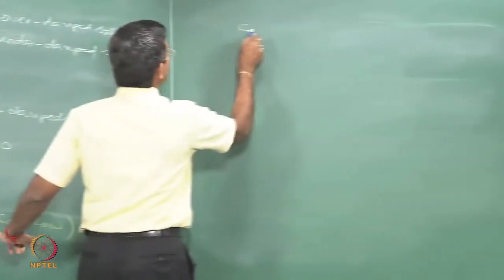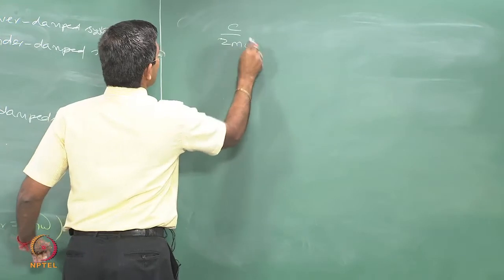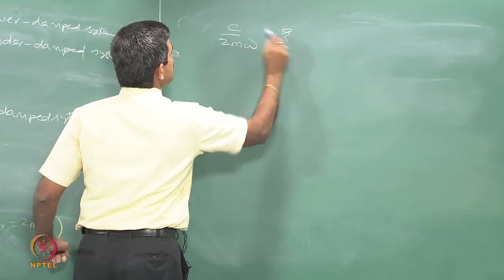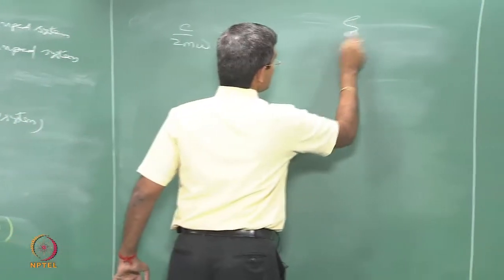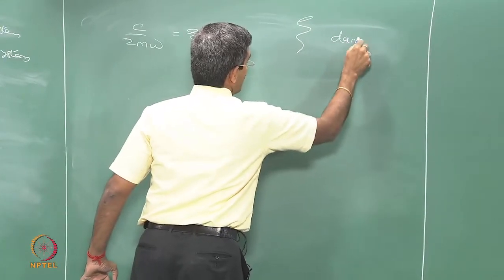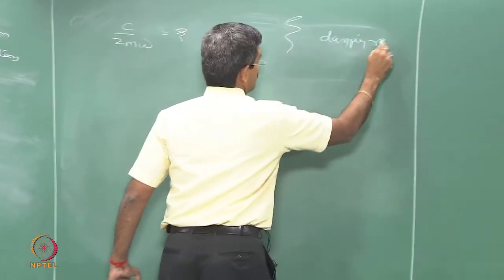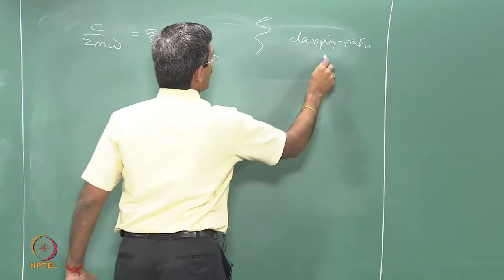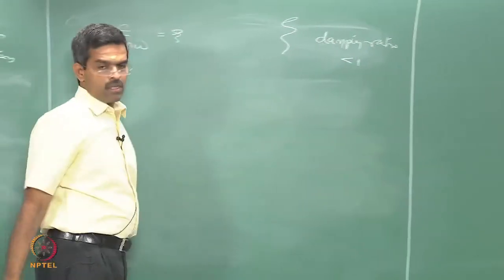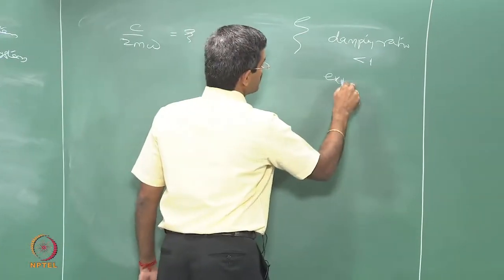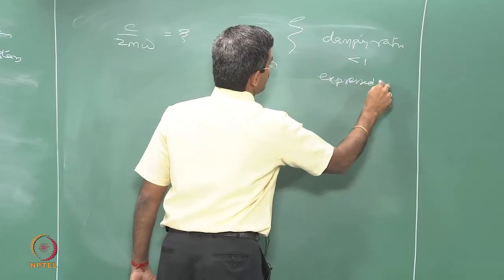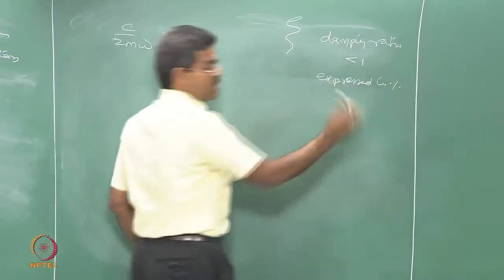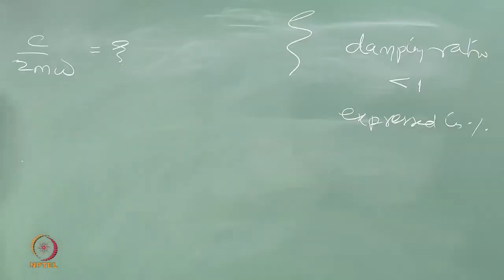So, C by 2m omega is expressed as zeta, it is called the damping ratio, always less than 1, usually expressed in percentage. 1 means 100%. How can you say it is less than 1?